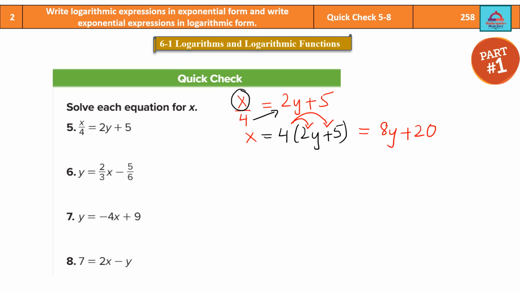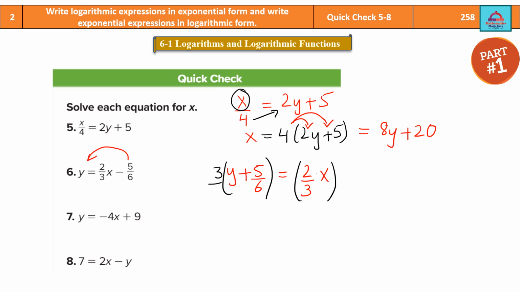For this one, again, we need the value of x. So what I'm going to be doing, I'm going to move this 5 over 6 to the other side. It becomes y plus 5 over 6. Now this is equal to 2 by 3 multiplied with x. But I need the value of x. That means I'm going to multiply both sides with the reciprocal of 2 by 3 so that it will collapse.